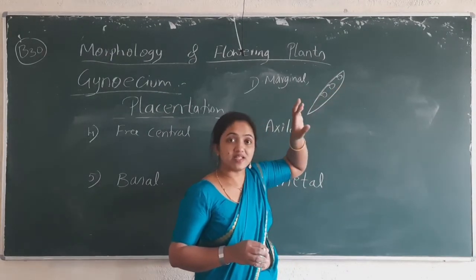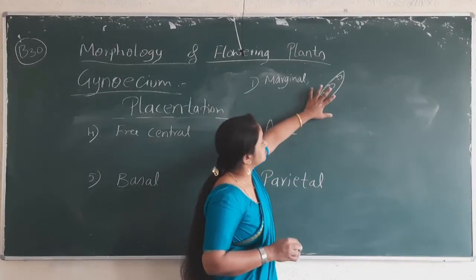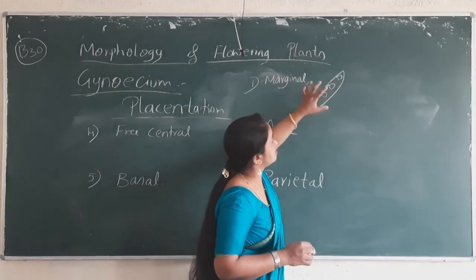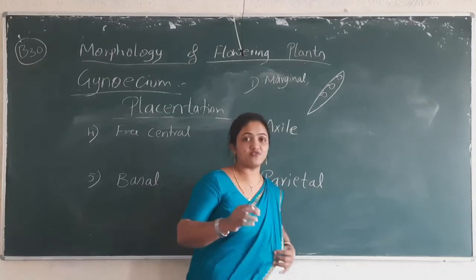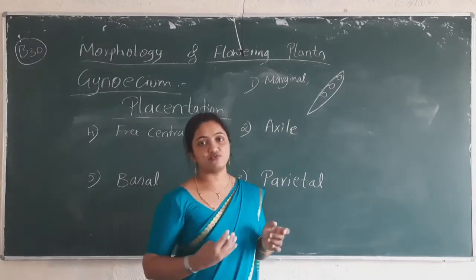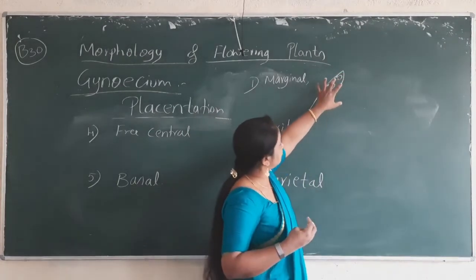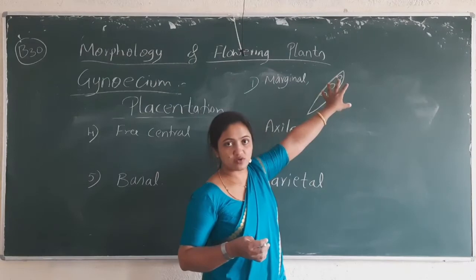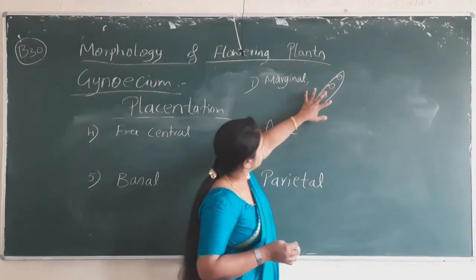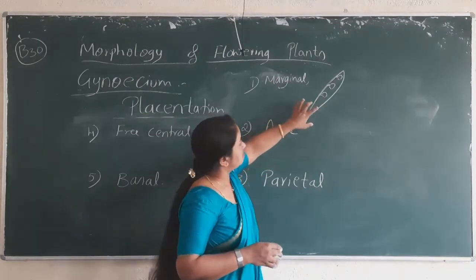This is the future after fertilization. If the ovary gets fertilized with the male gamete, it becomes the fruit. So the fruit, or the pea pod, looks like this.